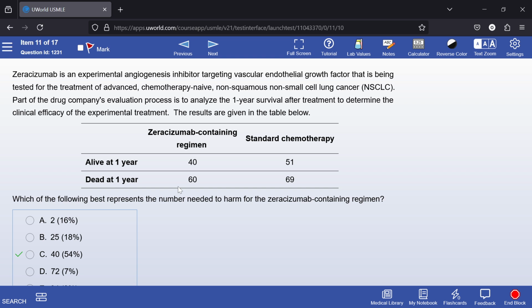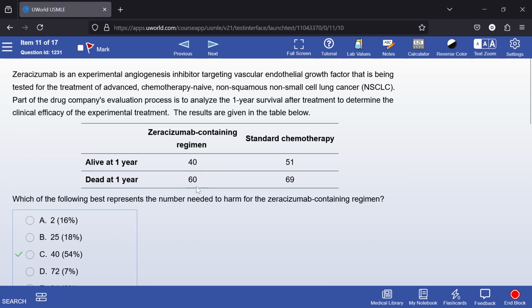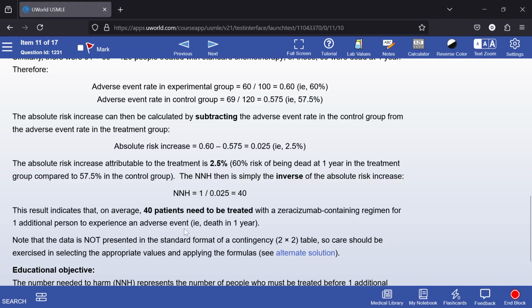Adverse events in the experimental group are 60 divided by 100, and in the control group 69 divided by 120. Absolute risk increase is 0.60 minus 0.575, which is 0.025.